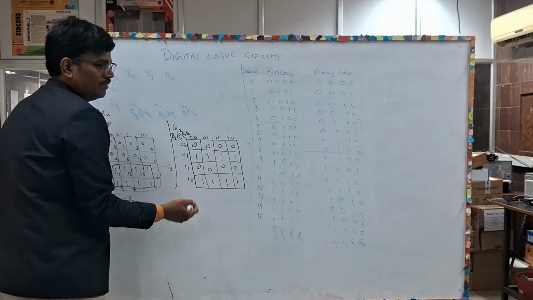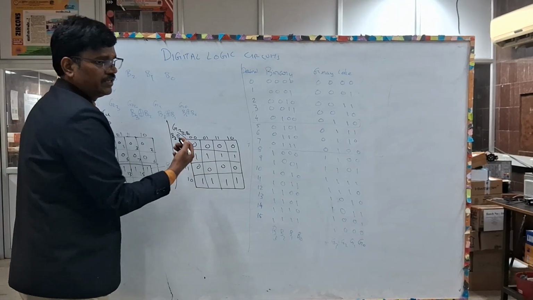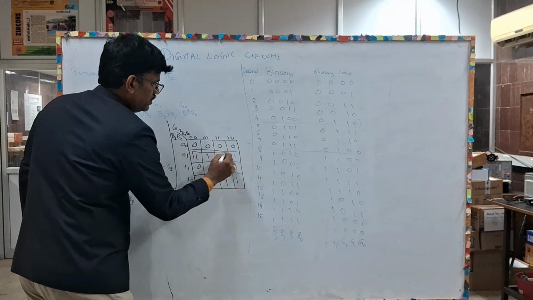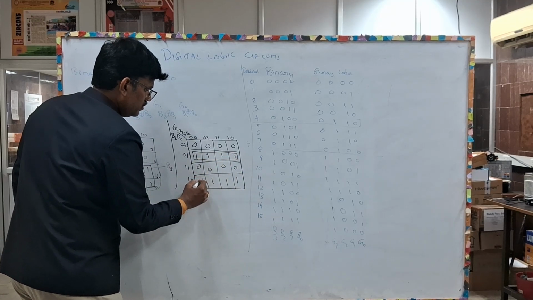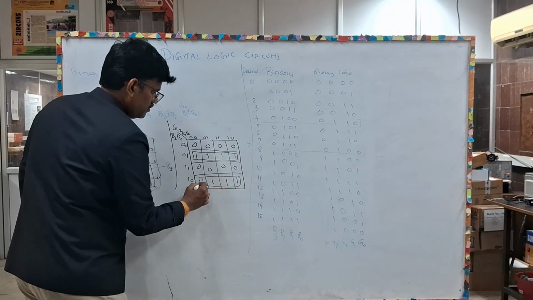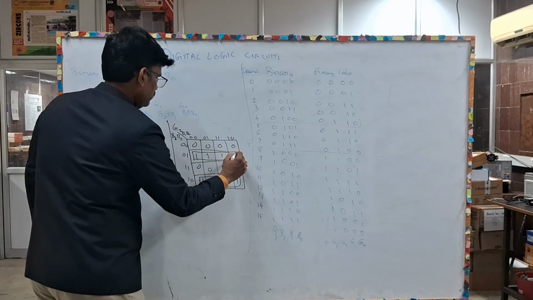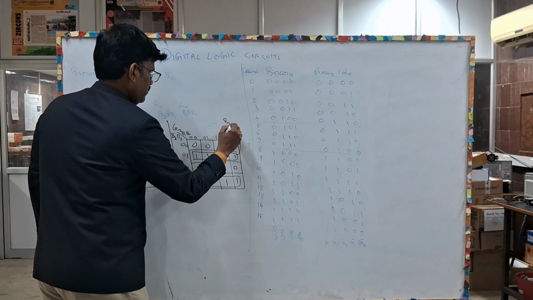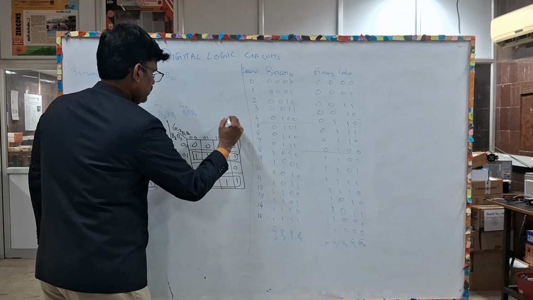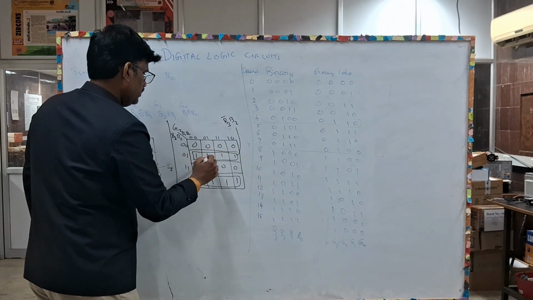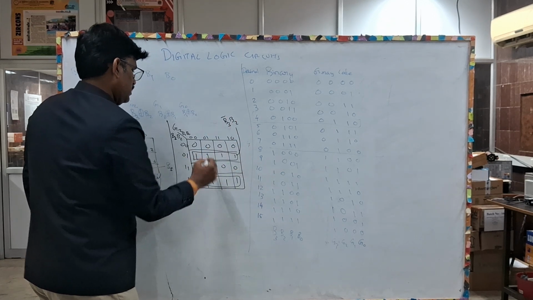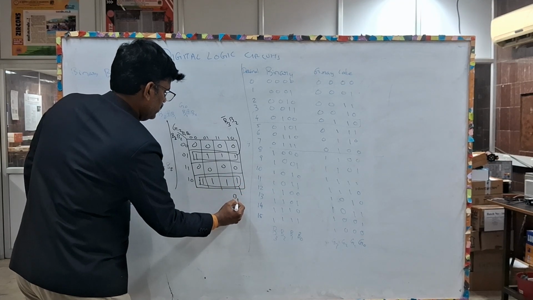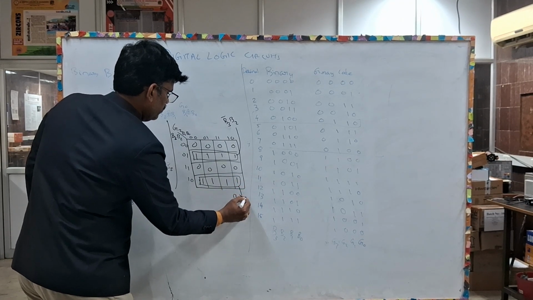When we want to group the maximum, we cannot get a group of 6 or 8, so we go for groupings of 4. Four adjacent ones are grouped, and this is B3 bar B2 and this is B3 B2 bar.